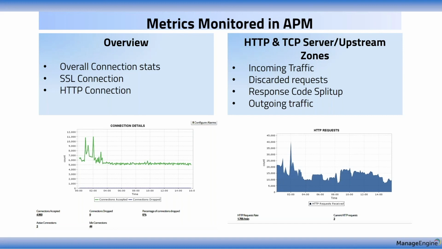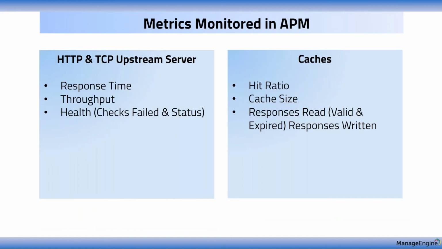Okay, so let me switch back and show you the other metrics, that is the HTTP and TCP upstream server response time, throughput, and health information. The cache information shows you metrics like hit ratio, cache size, and response rate also. So Nginx Plus provides out of band application health checks as it is an enterprise grade server.